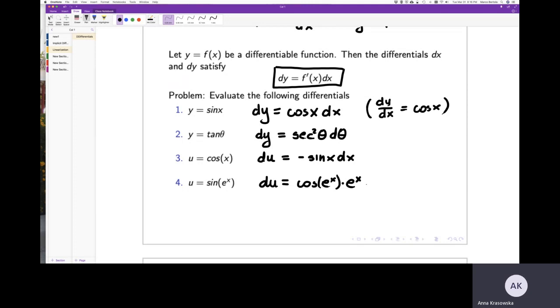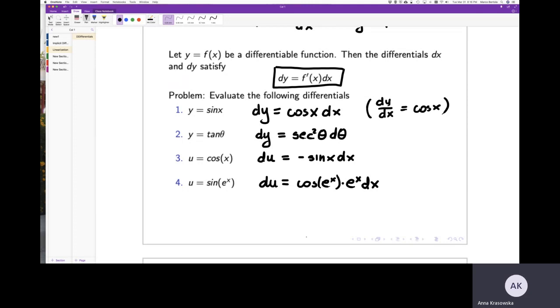To have a differential, we need to put dx on the right hand side. So I hope right now you can compute differentials very easily. After watching this video you know how to compute differentials, and if you know how to compute derivatives, you know how to compute differentials.